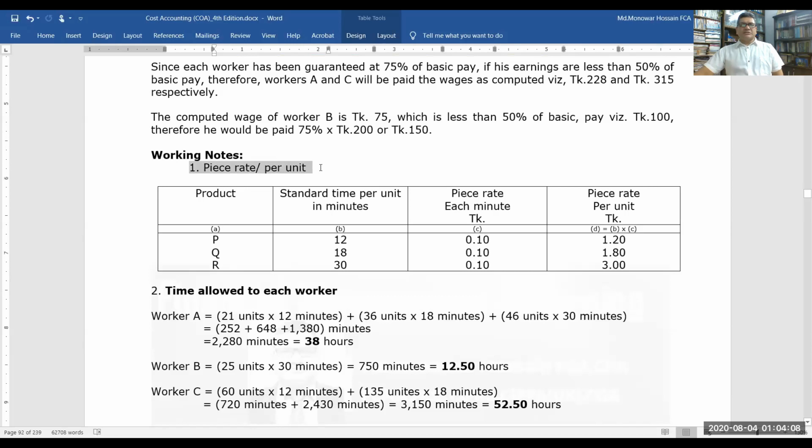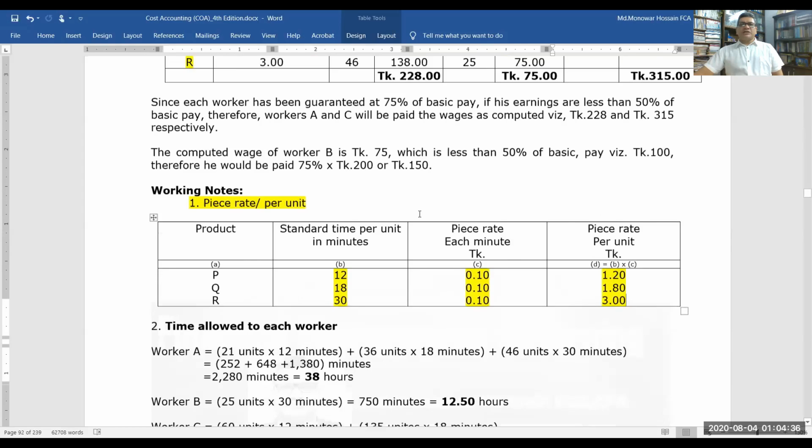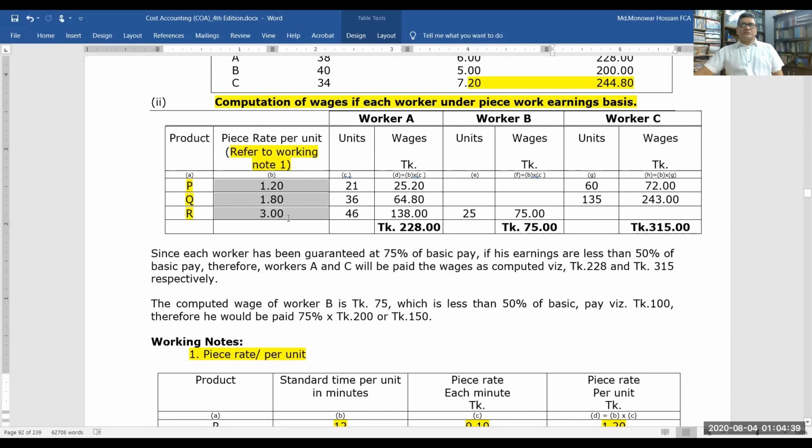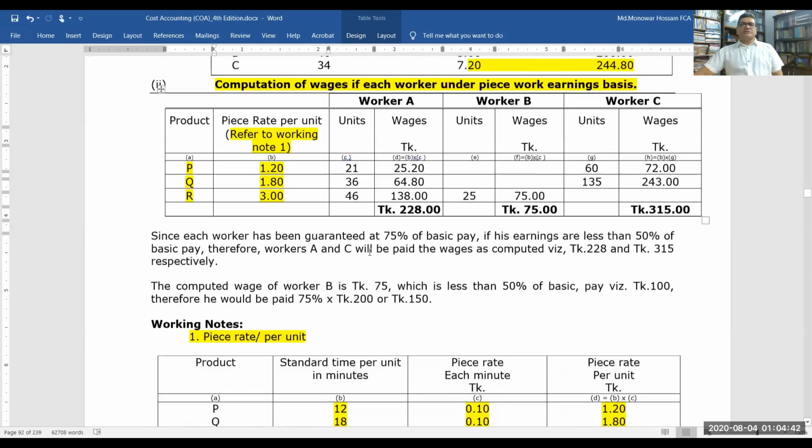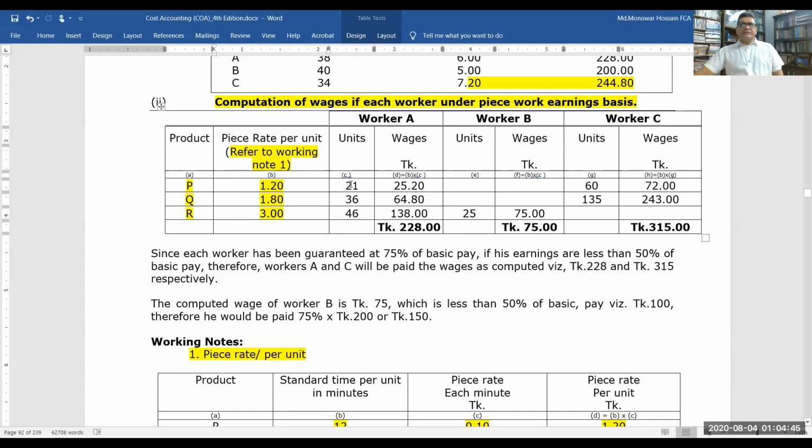Look here, standard time per unit in minutes is 12, 18 and 30, and piece rate each minute is 0.10. The units for worker A are 21, 36, 46.